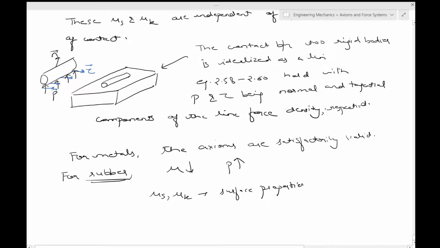So when you look up, you have to look up a combination of friction coefficient between body 1 and body 2 in contact. Okay, so this is what you should be looking up.